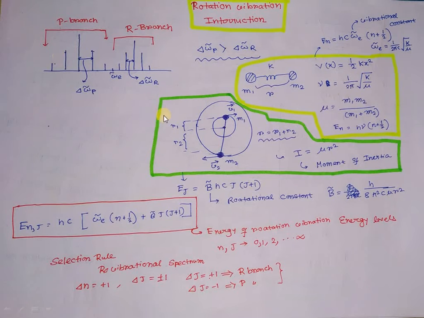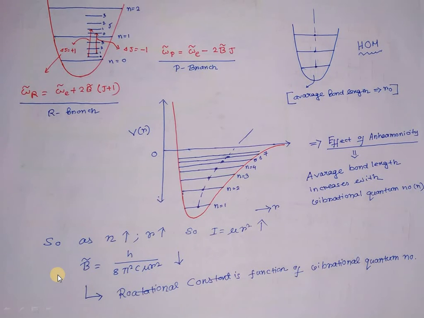And this omega e bar is called the fundamental vibrational constant, which will be situated in between the P branch and R branch.